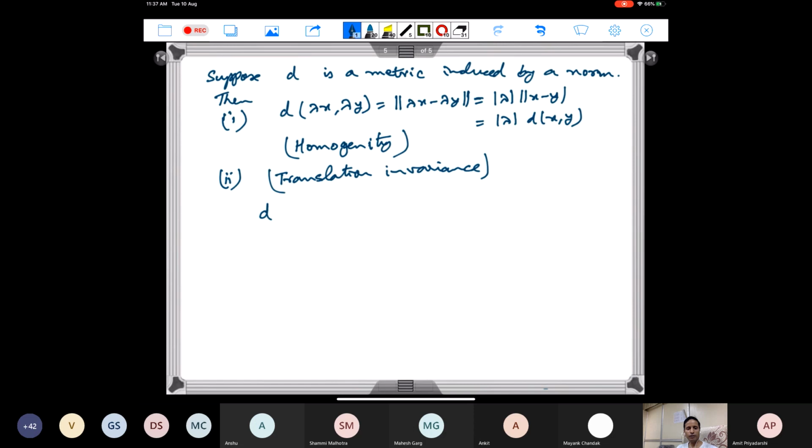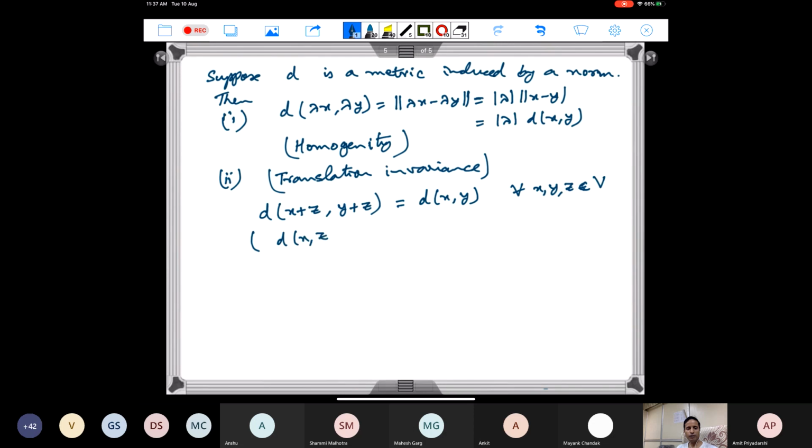So suppose I take d of x plus z and y plus z. We have two points x and y, and suppose I translate them by vector z, then I get x plus z and y plus z. Then what is the d of x plus z and y plus z? This must be equal to d of xy for every xyz in V.